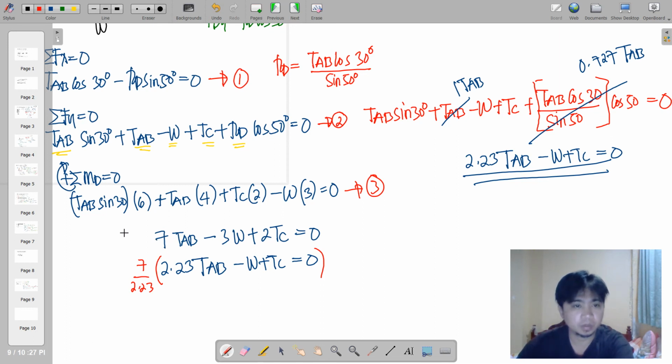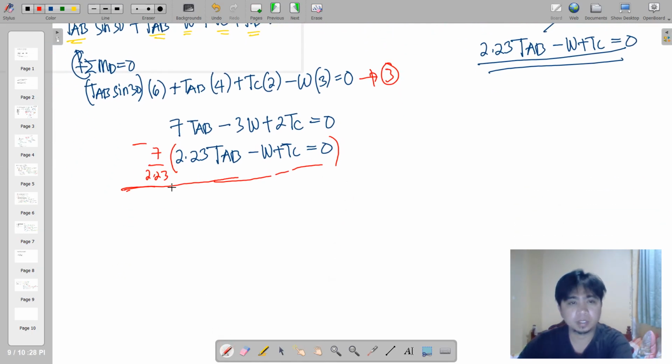So we are going to perform a difference between these two equations. So we now have, copy this top equation and then distribute this 7 over 2.23.